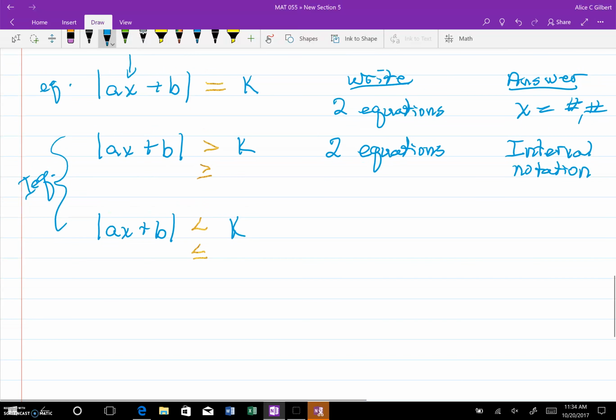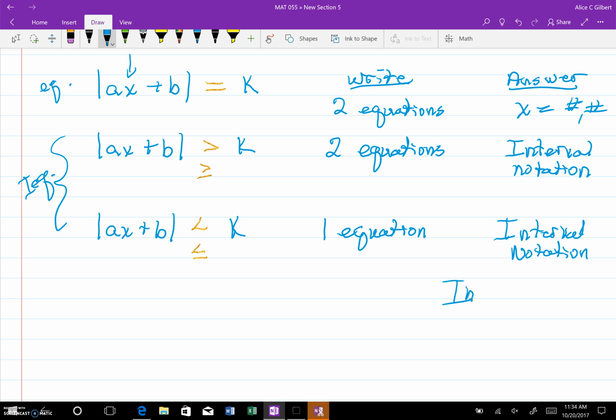And this one, if the sign is less than or equal to, we are going to write one equation, and our answer is going to be in interval notation.